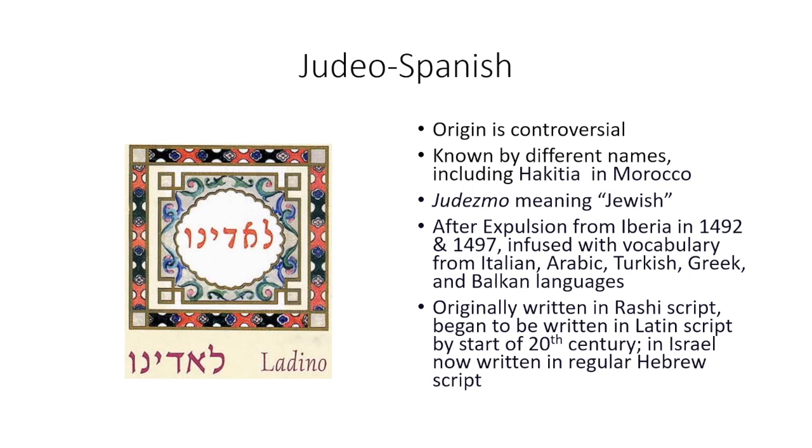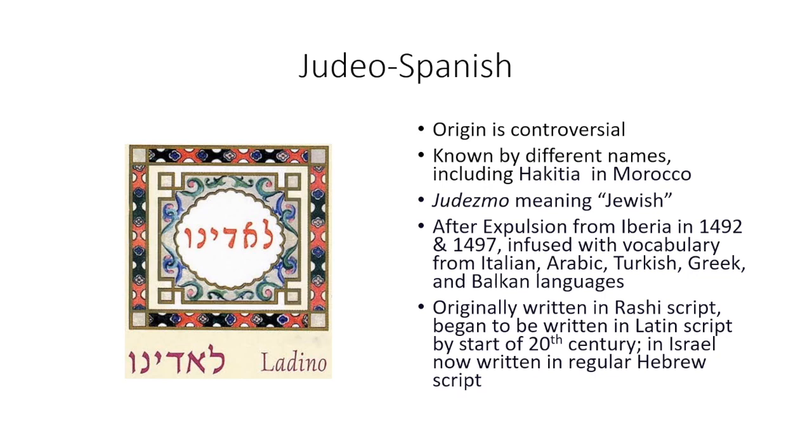We turn our attention now to the two diaspora Jewish languages that are most commonly known in the American Jewish community. The first is Judeo-Spanish, which goes by a number of names. It's most commonly called Ladino, but it is also known as Judezmo. Judezmo means Jewish.